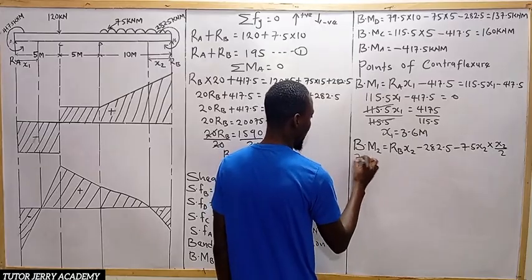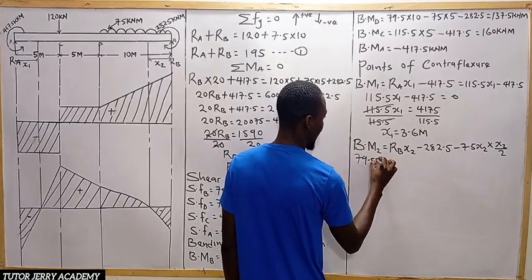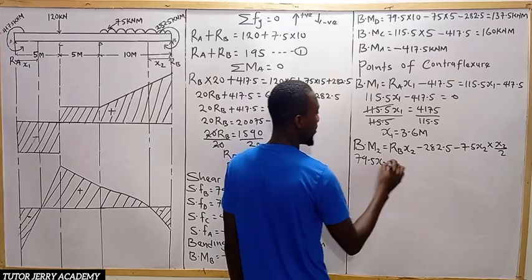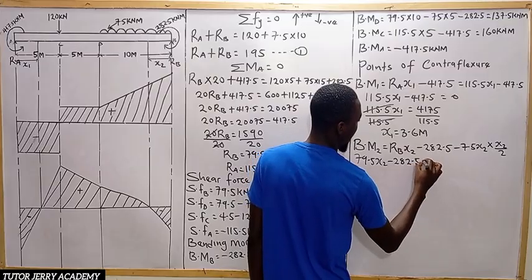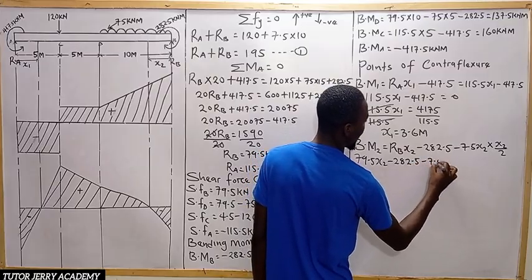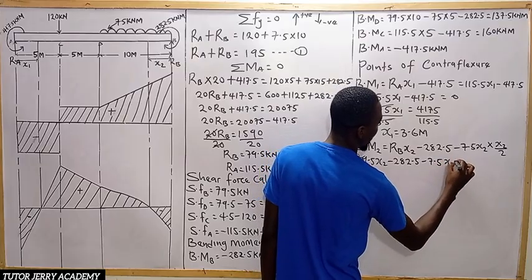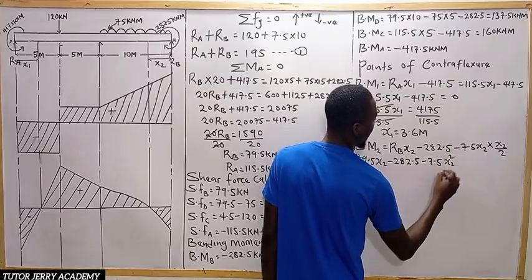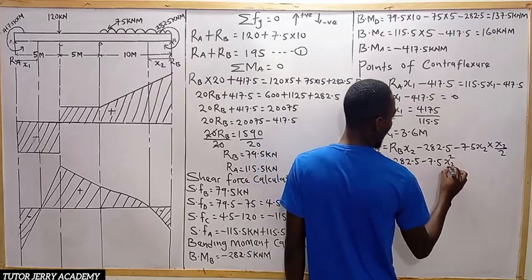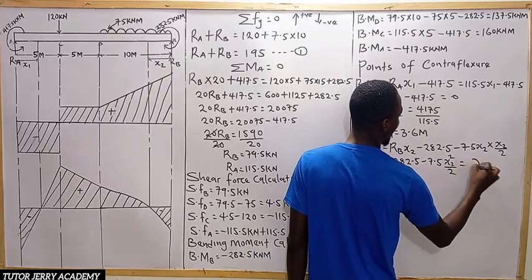So let's just input the value and equate it to 0. So we are going to have 79.5 S2 minus 282.5 minus 7.5 S2, S2 multiplied by S2, that is S2 square, then all over 2 equals to what? 0.